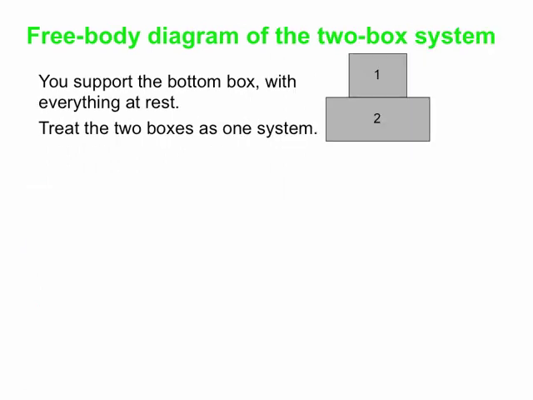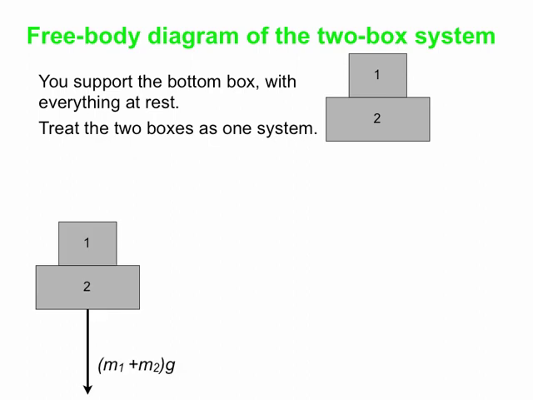Another thing we could do is, instead of separating out box 1 and box 2, treat them as one system and draw a free body diagram of the whole two-box system. So let's see which forces we would get. Sometimes this can be an easier free body diagram, and you can do some calculations more easily with it than with the free body diagrams of the separate boxes.